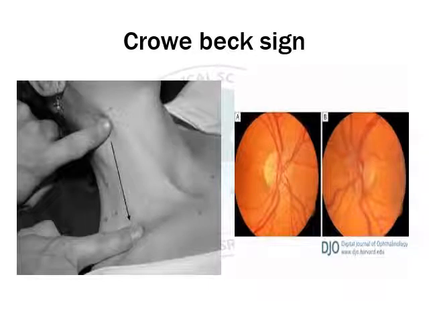Pressure on the jugular vein of the healthy side produces engorgement of the retinal vessels, and if you release the pressure, the engorgement is lost. But in case of lateral sinus thrombophlebitis, you cannot see that engorgement. That is called the Crowe-Beck sign.